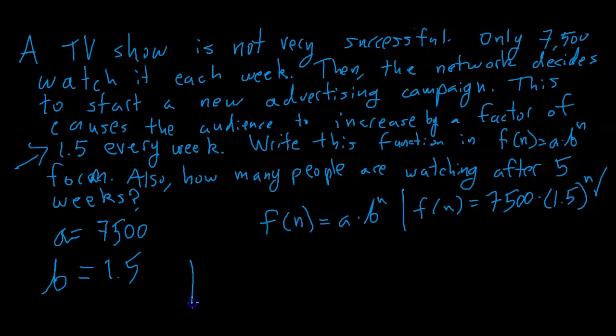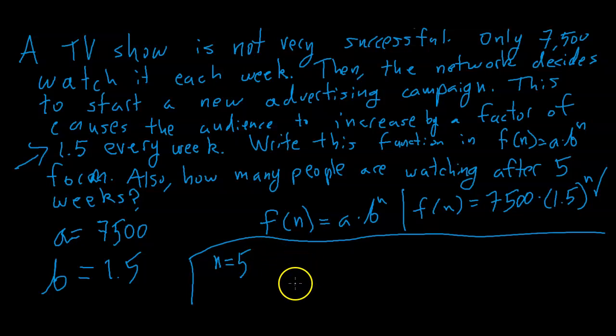Well, let me block off some space here to do some work in. That means how many people are watching when n equals 5, right? So that means we're going to evaluate this function we have for n equals 5. So that means we're going to evaluate f of 5, right, equals 7,500 times 1.5 to the n power.